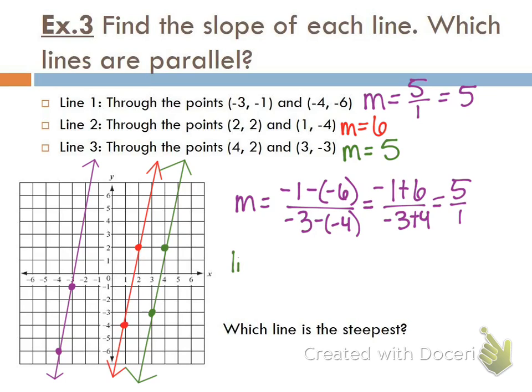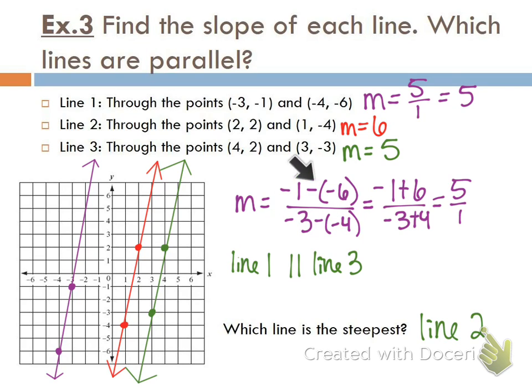So we could say line 1 parallel to line 3. They had the same exact slope. Which one is the steepest? Line 2. Good.